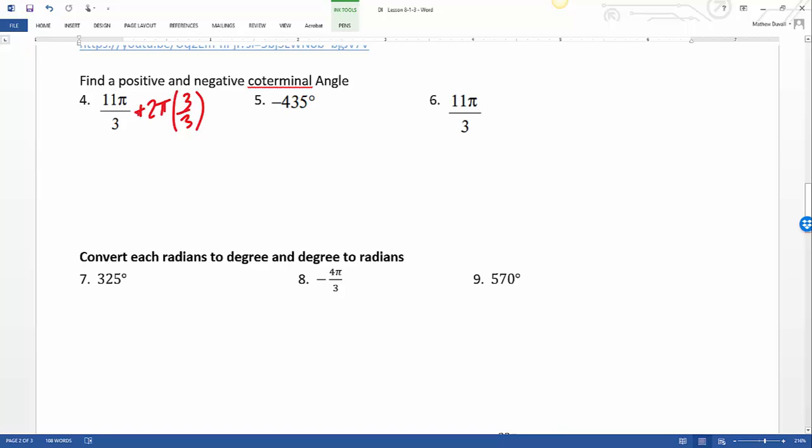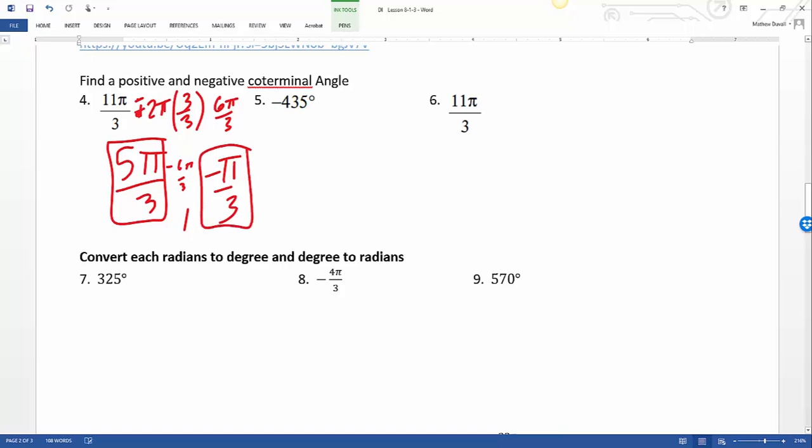I can just subtract it twice. So if I subtract it, that's really 6 pi thirds. So 11 pi over 3 minus 6 pi thirds is 5 pi thirds. There's my positive. Now if I subtract the 6 pi thirds again, that's going to get me negative pi thirds. So those are my two coterminal angles.